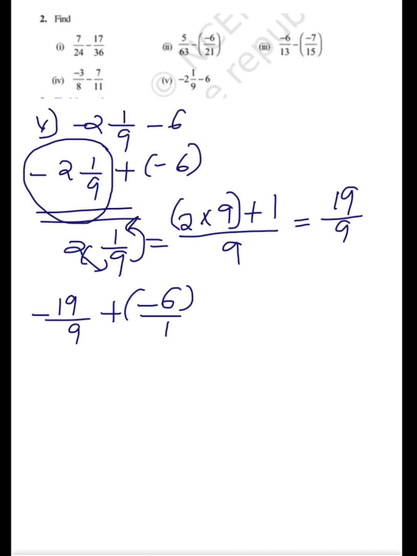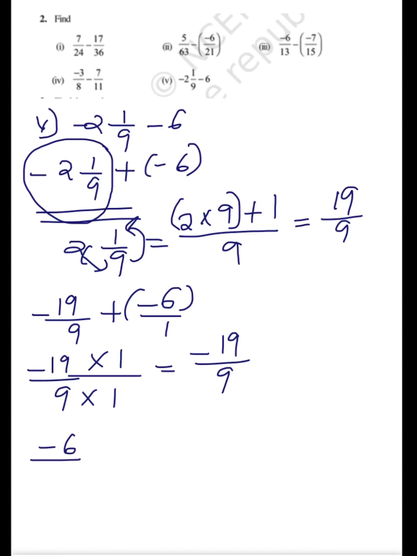Now you have to make their denominators same. For that let's take the first number and multiply it with denominator of second, which means what? 1. Okay, so you will get the same number itself, minus 19 by 9. Now let's take the second one, which is minus 6 by 1, and multiply it with denominator of first, which is 9. Okay, so what will you get?